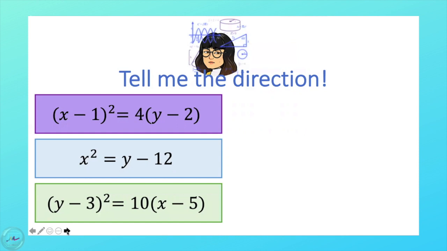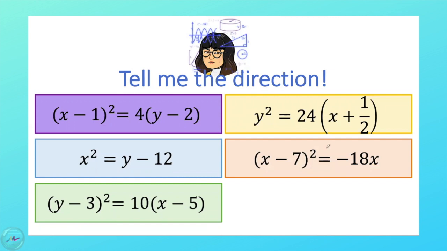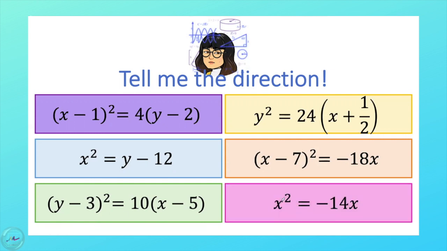Here is a parabola that faces to the right because y is squared, and here in this part it's positive. This one is a parabola that also faces to the right. This one naman is a parabola that faces down because x is squared and you have a negative sign here. And in here, you still have a parabola that faces downward because x is squared here and a negative here.